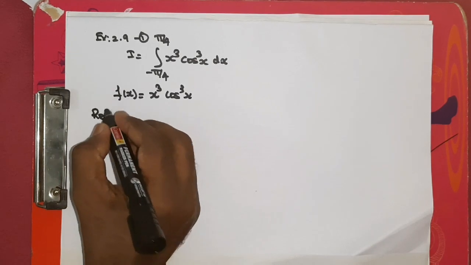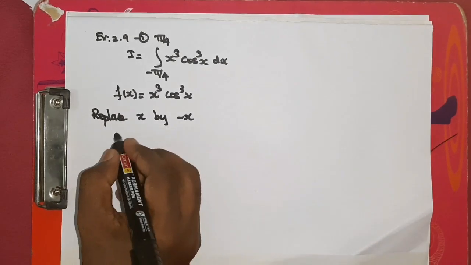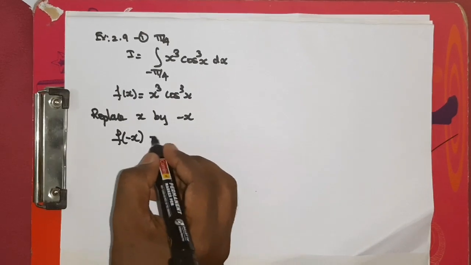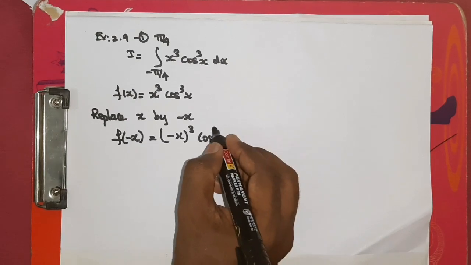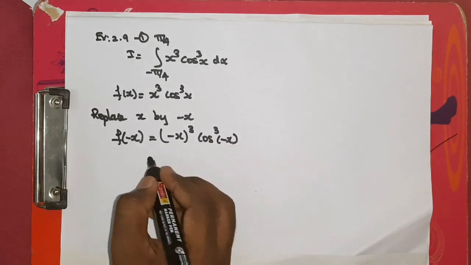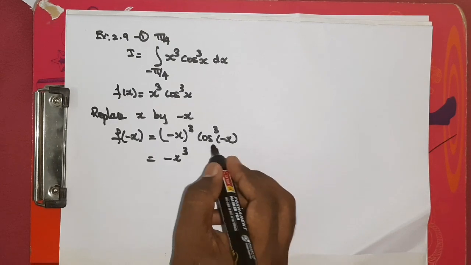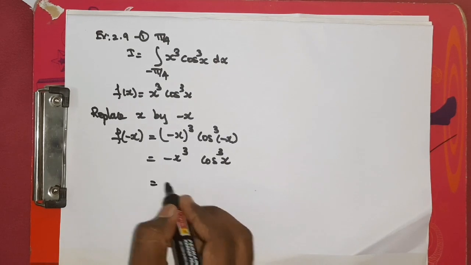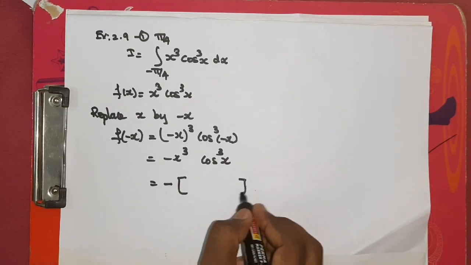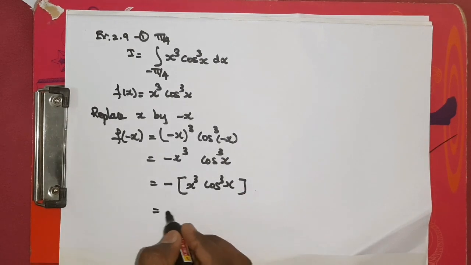So replace x by minus x. So f of minus x is equal to minus x the whole cube and cos cube of minus x. So minus x the whole cube is minus x cube. Actually cos of minus x is cos x, so it remains the same. In this, the minus we take out, and for x cube and cos cube x we put a separate bracket.